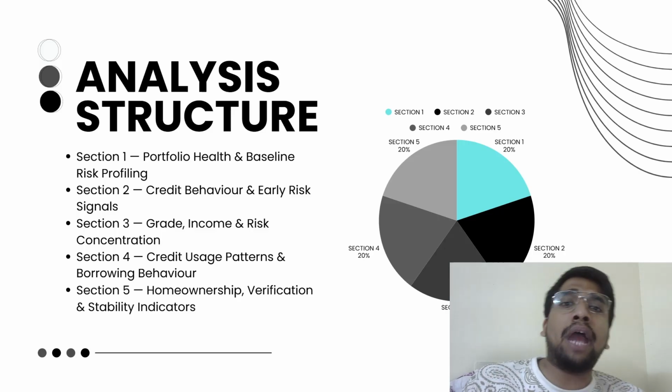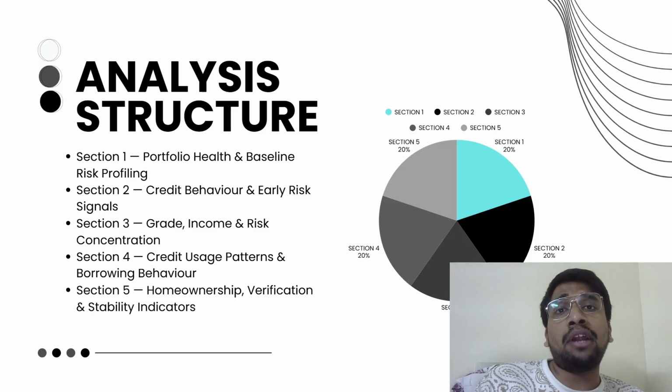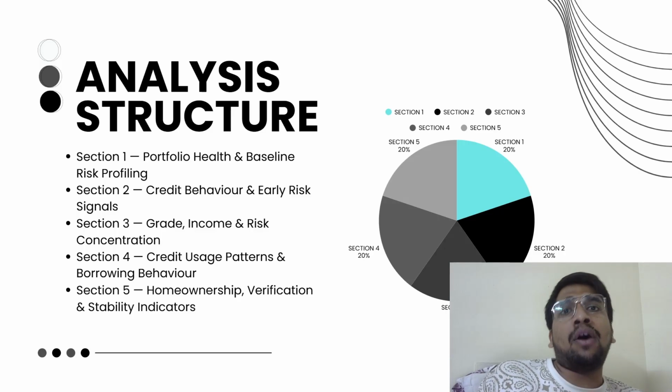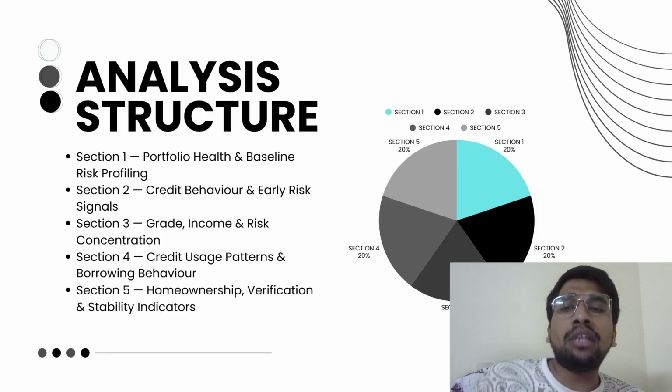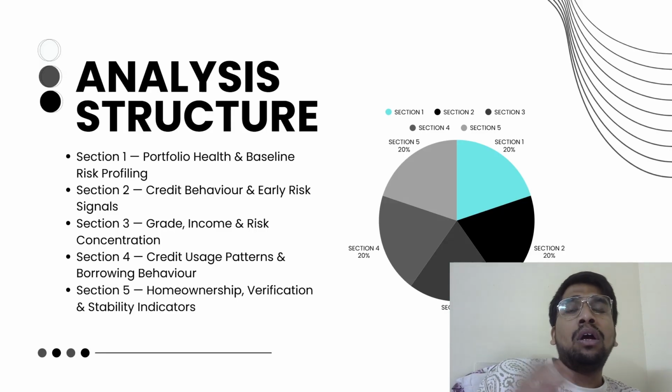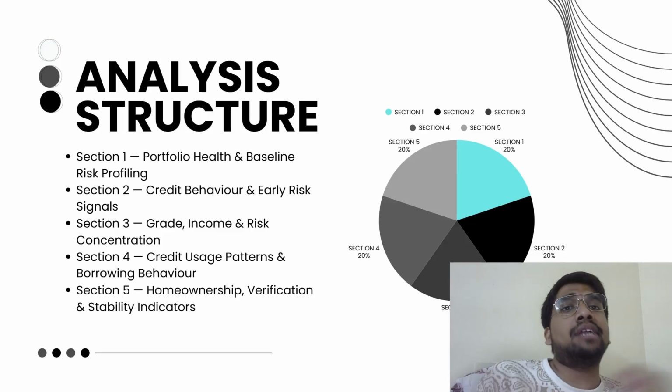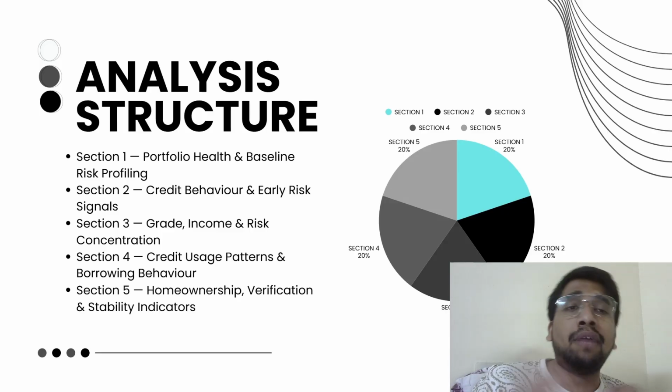Then in section 2, I try to understand the credit behavior and early risk signals, like how certain events occur, and this is the section where the flags that I had created come in handy. In section 3, we focus on grade, income, and risk concentration, like how we had grade and subgrade, and on those columns, I've done the analysis.